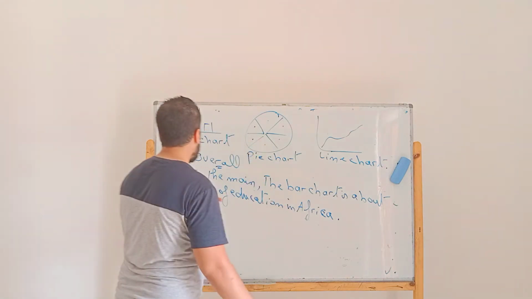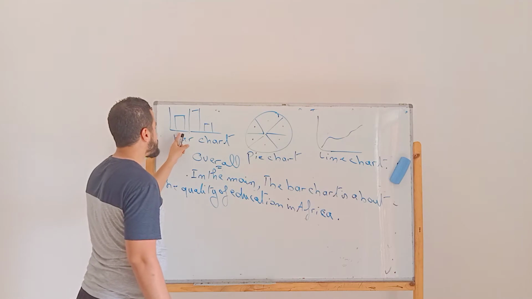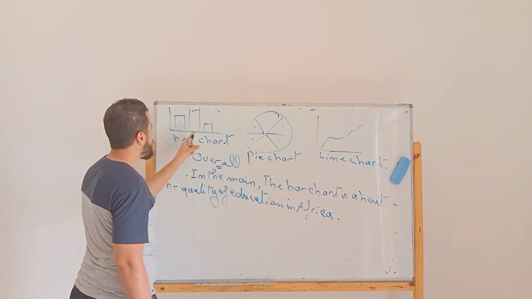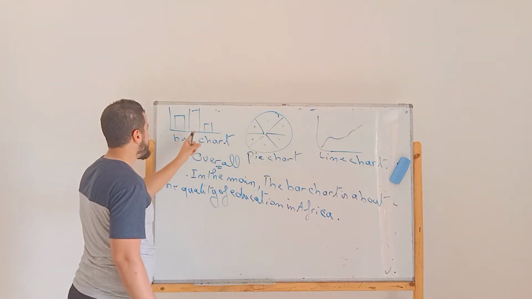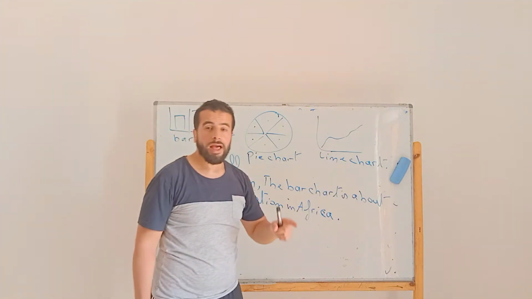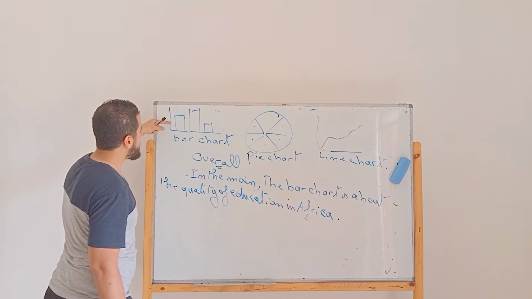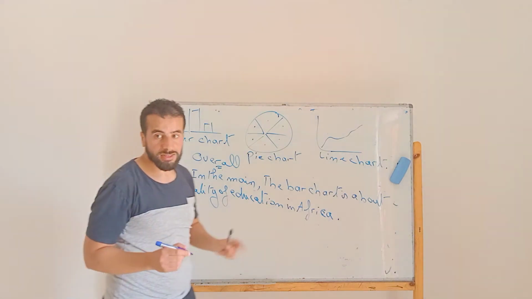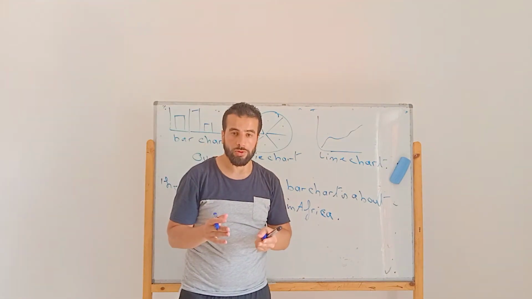For example, here we'll talk about years or countries: Algeria, Tanzania, Cameroon, or whatever, and here you will set the percentage. This is it. So let's talk about the general.